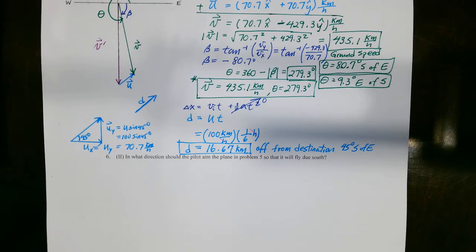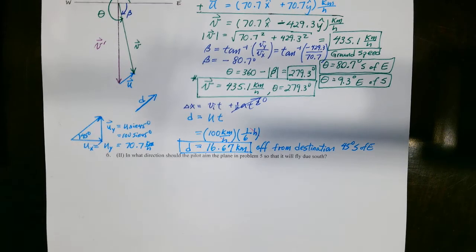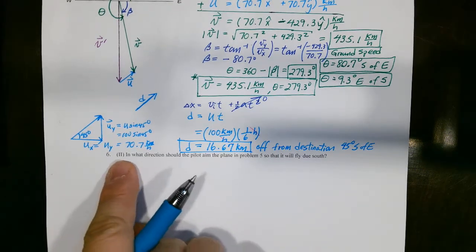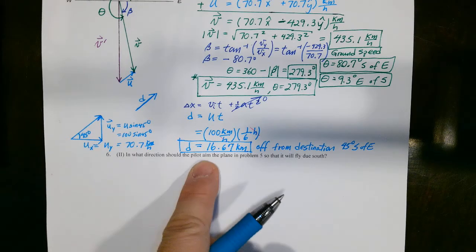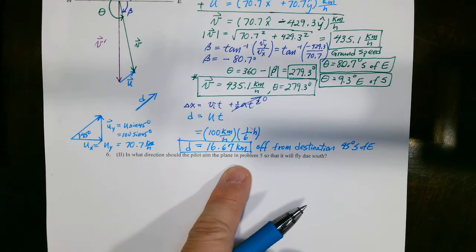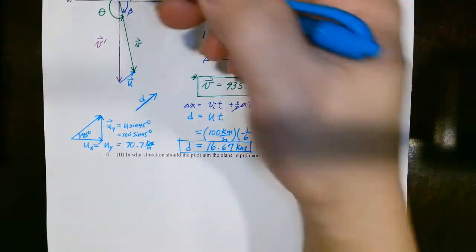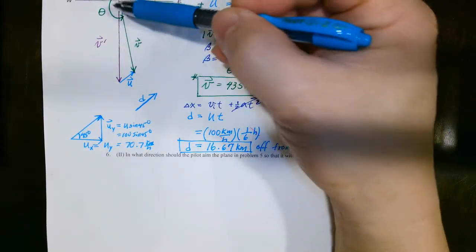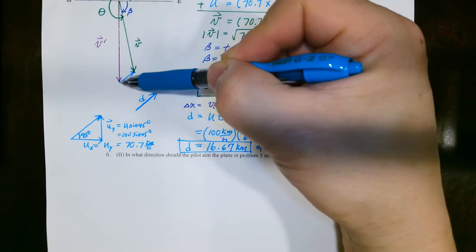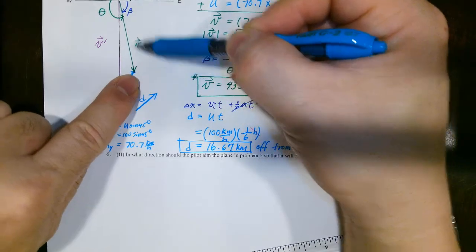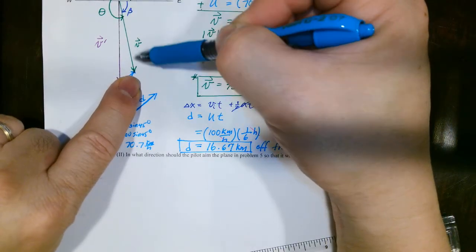All right. So now this asks for part 2, in what direction should a pilot aim the plane if it wants to fly due south exactly? So instead of flying south this way, the wind makes them drift this way, so the actual path is going to be like this.